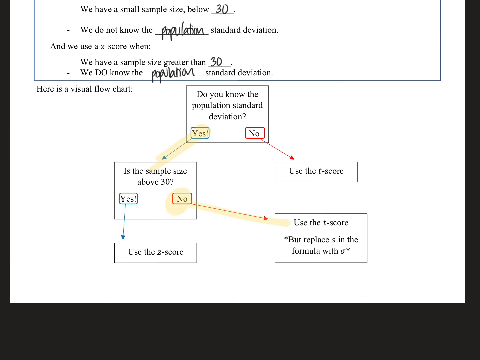Then you would use a t-score, but you'd replace S with a standard deviation. So that's a small variation to this. And lastly, what we were just looking at is we don't know the population standard deviation, so we'd use the t-score.